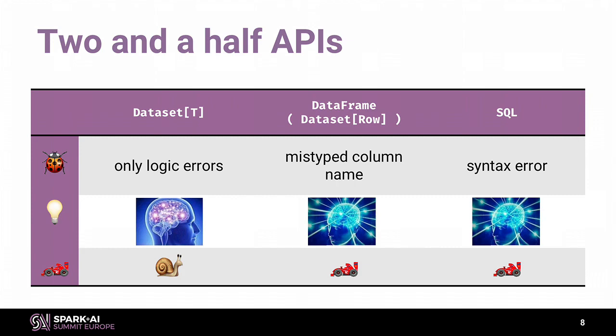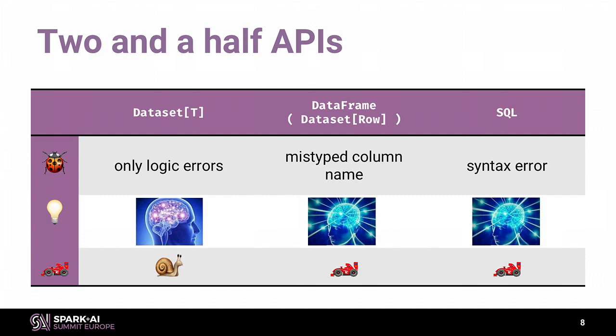These tutorials and blog posts paint this picture that you have three basic APIs that you can use, DataSets, DataFrames, and the SQL API, and that they have a decreasing amount of type safety, with DataSets being the most safe, offering the most safety guarantees. But the catch is that they have these optimization barriers when you use lambdas, and they are slower. So first of all, is this true?